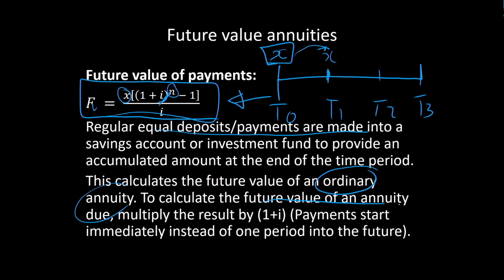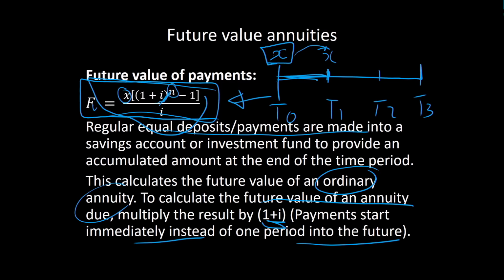So to calculate the future value of an annuity due, you multiply your result, which is this formula here, by 1 plus i to reflect that extra interest. Payments usually start immediately instead of one period into the future. So your question will say payments are starting immediately, as I said, or payments are made at the beginning of the period.